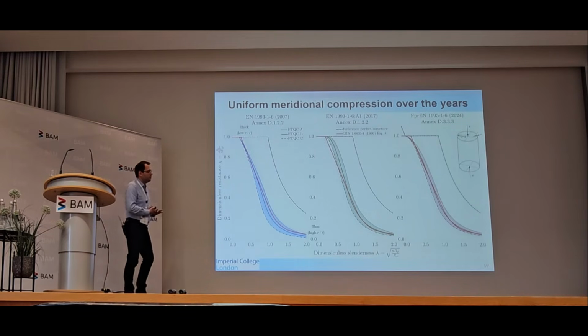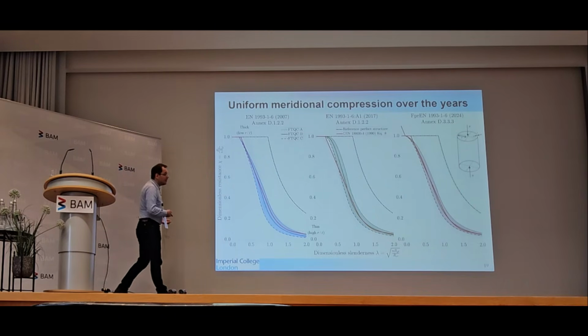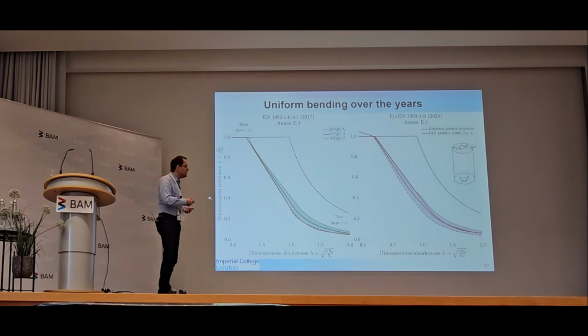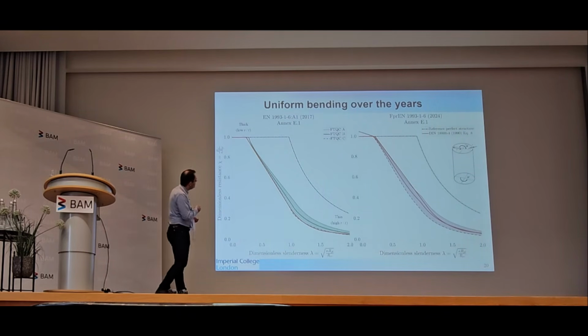And this is a very important curve because this is used a lot in designs, and so many systems can be related to it. The next most related one is the curve for the cylinder under uniform bending. This only began in 2017. The previous standard, the 2007 version, did not have a separate curve for this.